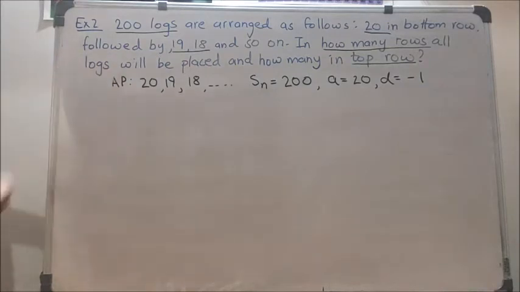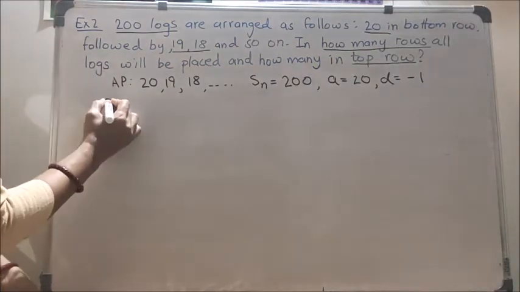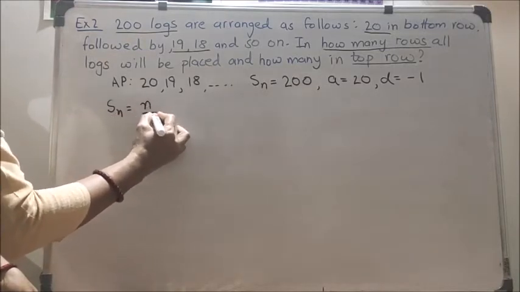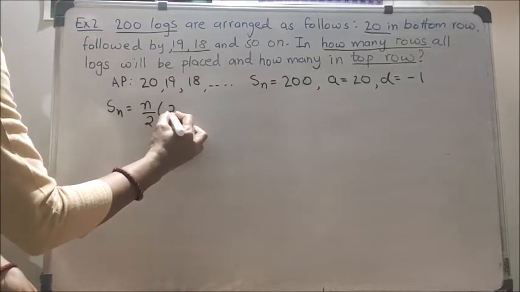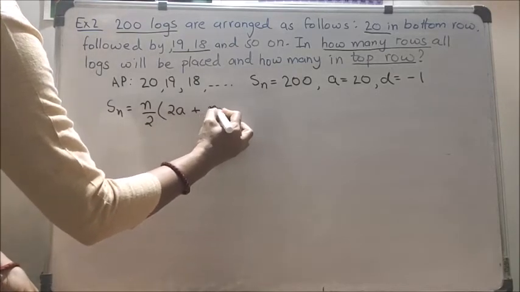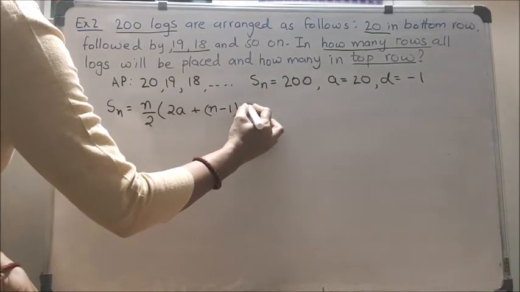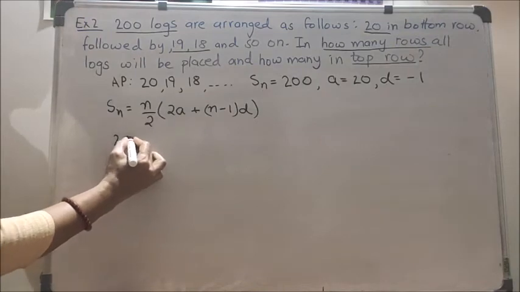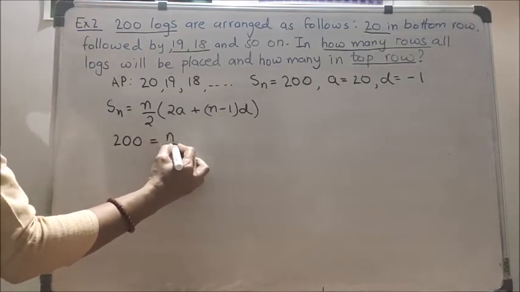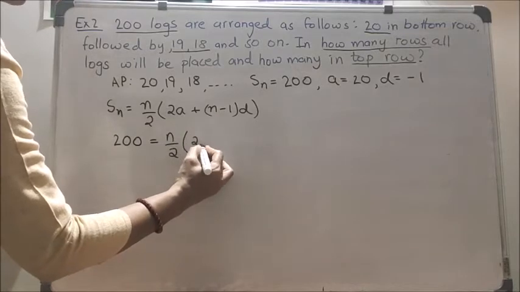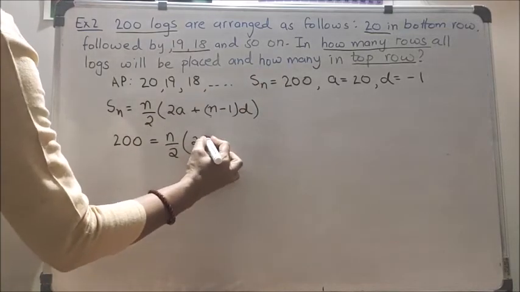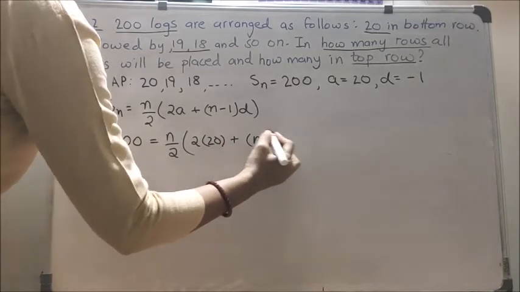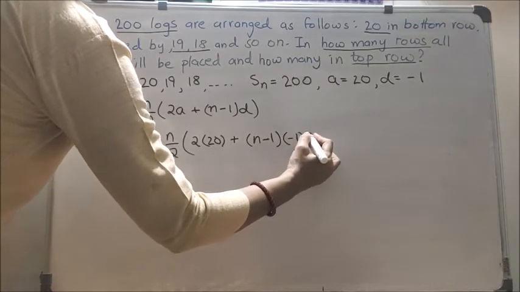Now, let us use the formula for Sn. Sn is equal to n by 2 into 2a plus n minus 1 into d. Let's put the values. Sn is 200. So 200 is equal to n upon 2 into 2 multiplied by a, which is 20, plus n minus 1 multiplied by d, which is minus 1.